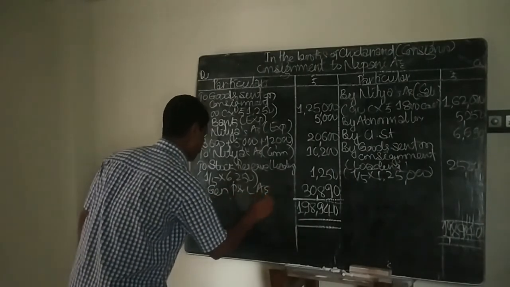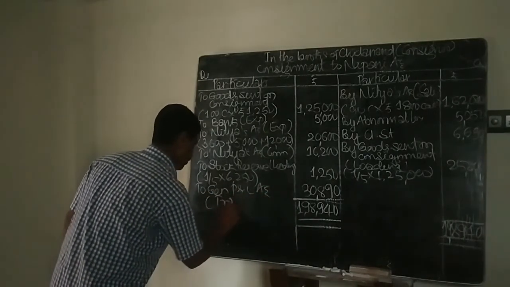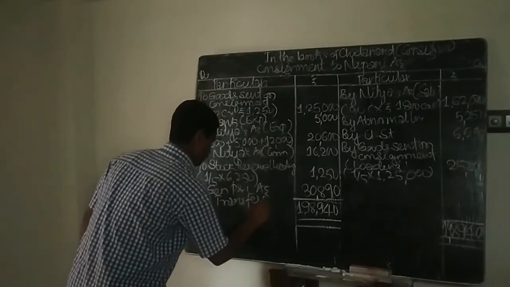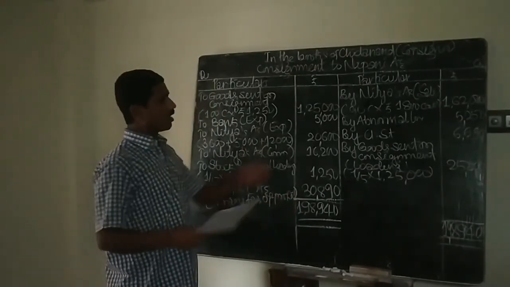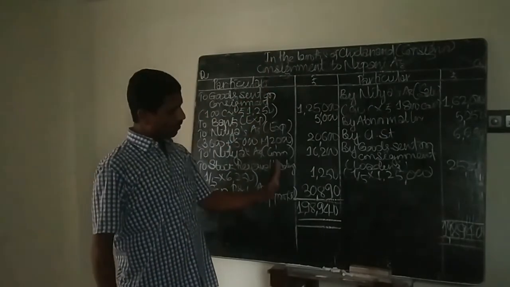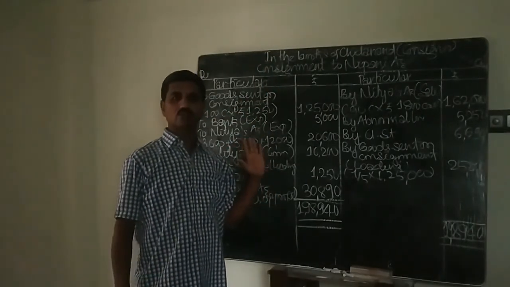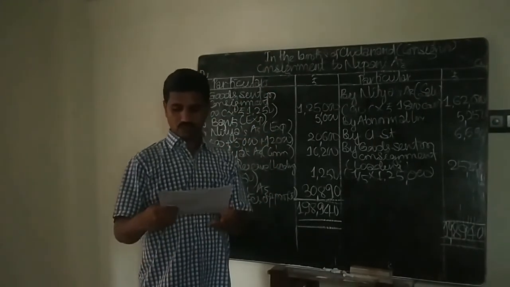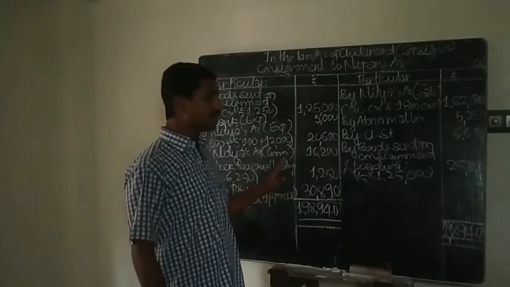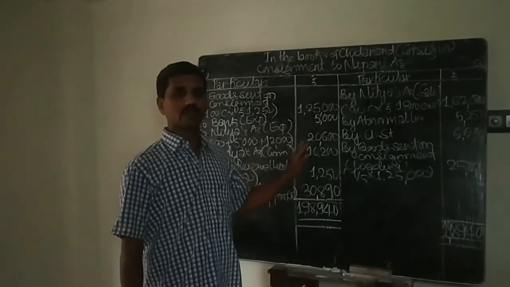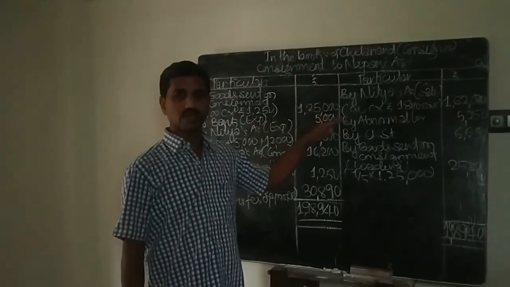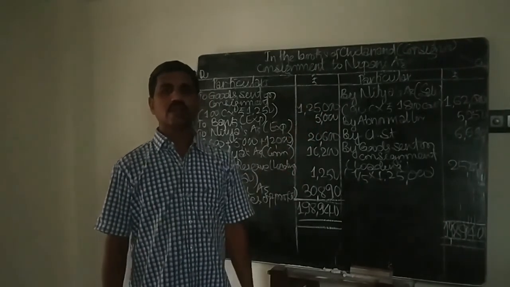In the bracket you write transfer of profit. So this is how the profit we arrive at when the consignment account is prepared under invoice price method. There will not be any difference in preparing the consignment account whether the goods are consigned at the cost price or at the invoice price. Thank you.